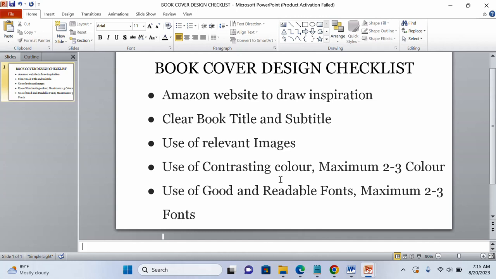That is the first impression, the first interaction a customer is going to have with your book.